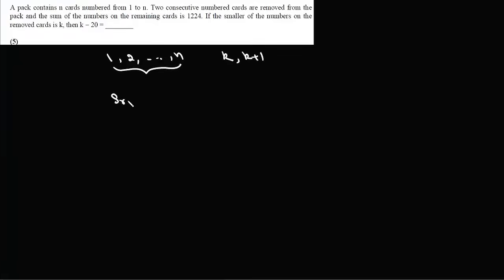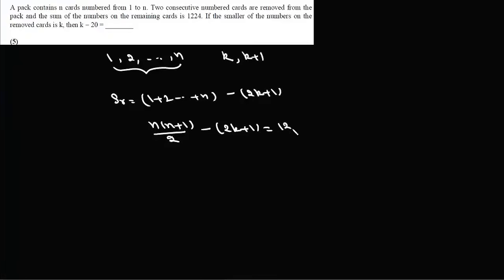Now sum of remaining cards will be 1 plus 2 up to n minus (2k plus 1). Now this is n(n plus 1) by 2 minus (2k plus 1), and it is 1224.